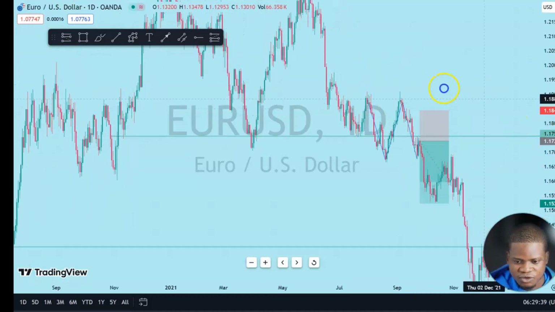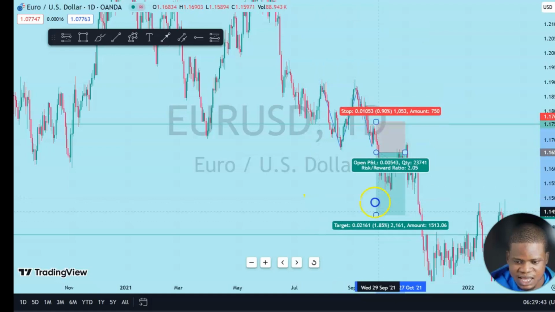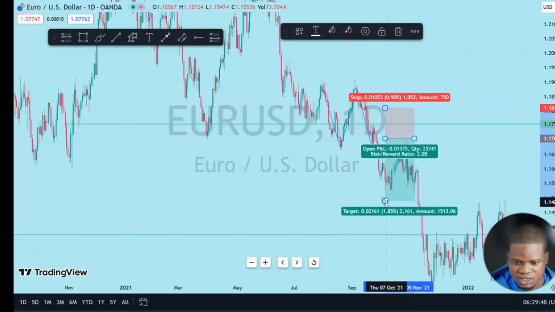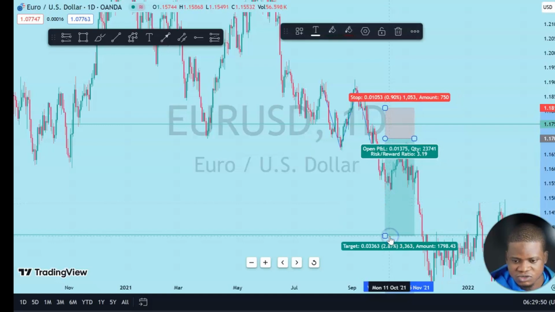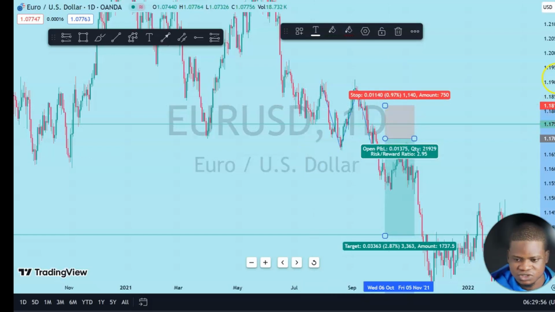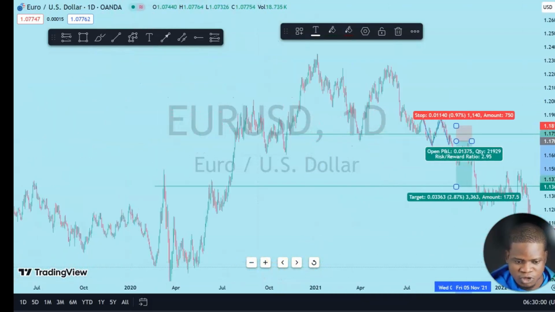Then you have your target at the next area of value, which is the first target. This is going to give you at least a 1:3 trade, which is the perfect trade for you as a trader. So that is one of the strategies I use to trade double top and double bottom.